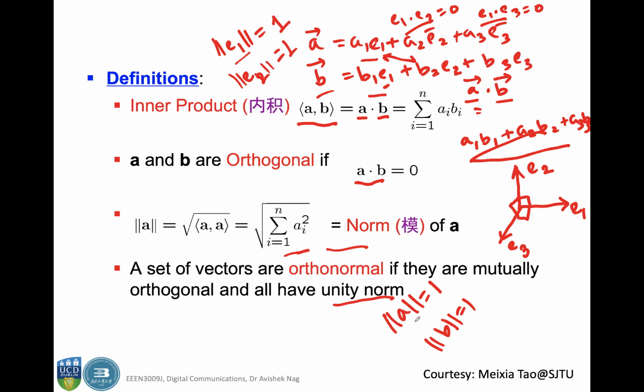Okay, so they are orthogonal if the dot product is 0, and they are orthonormal if, in addition to the dot product being 0, they also have unity norm. And actually the unit vectors E1, E2, etc., are all orthonormal because they have unit energy and their dot products are 0.